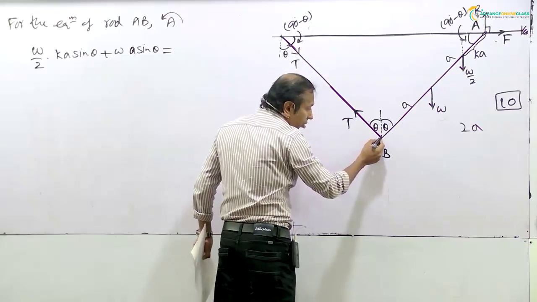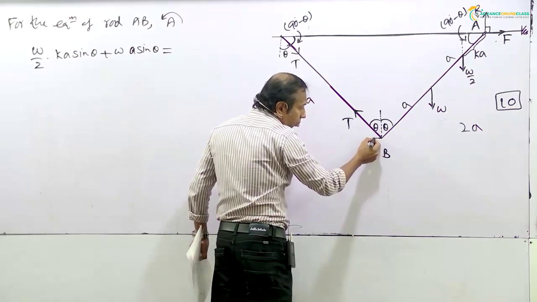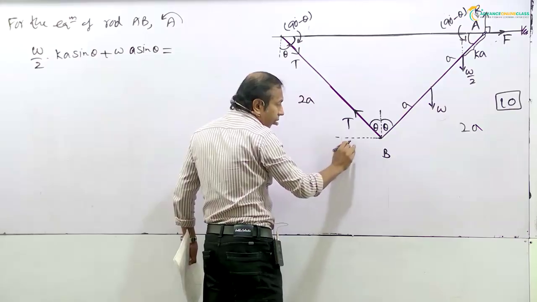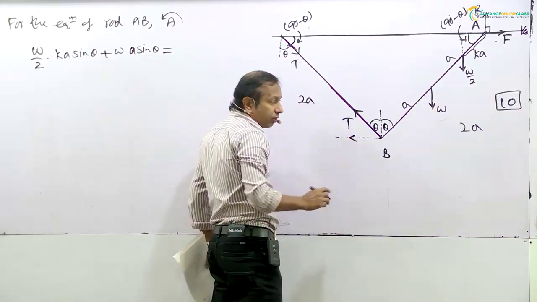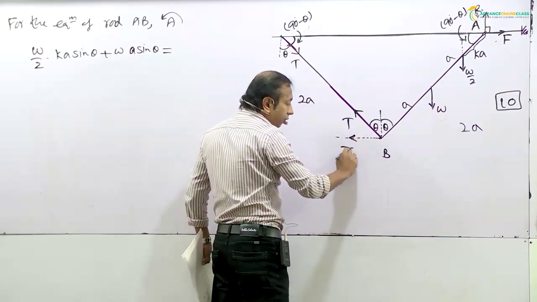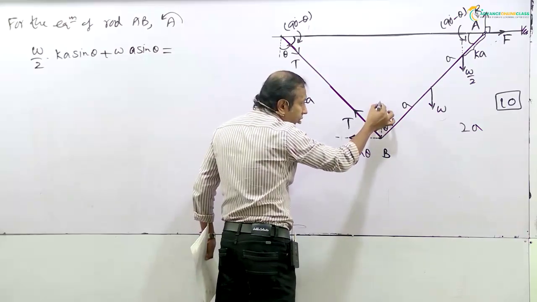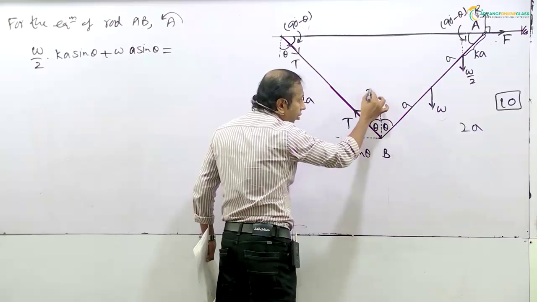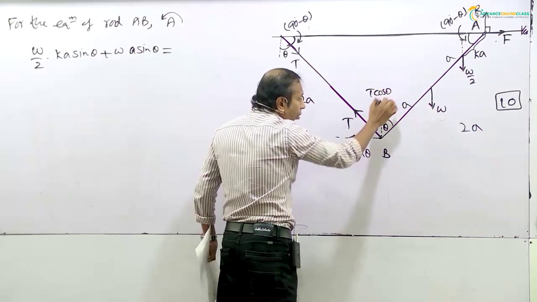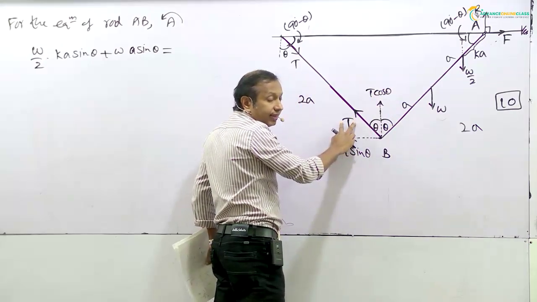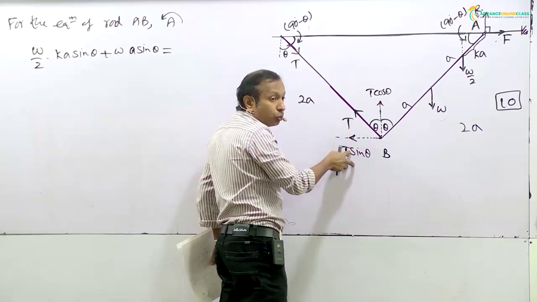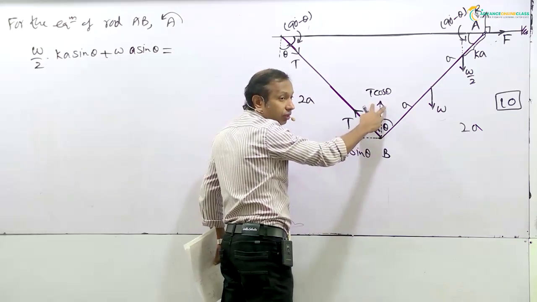Therefore I resolve this T into two components. If this is theta, this component is T sin theta, and the other component is T cos theta. Now I forget the single T and take its two components, T sin theta and T cos theta.